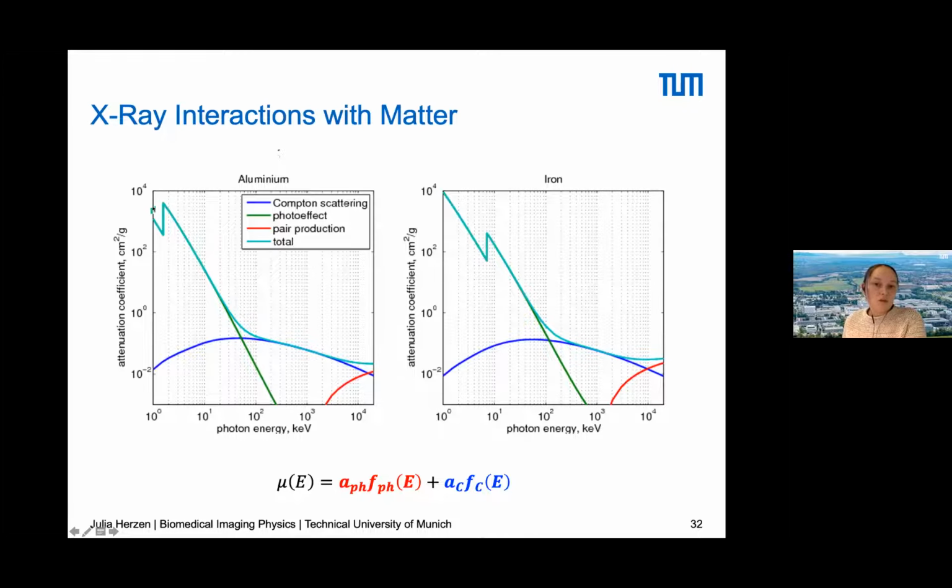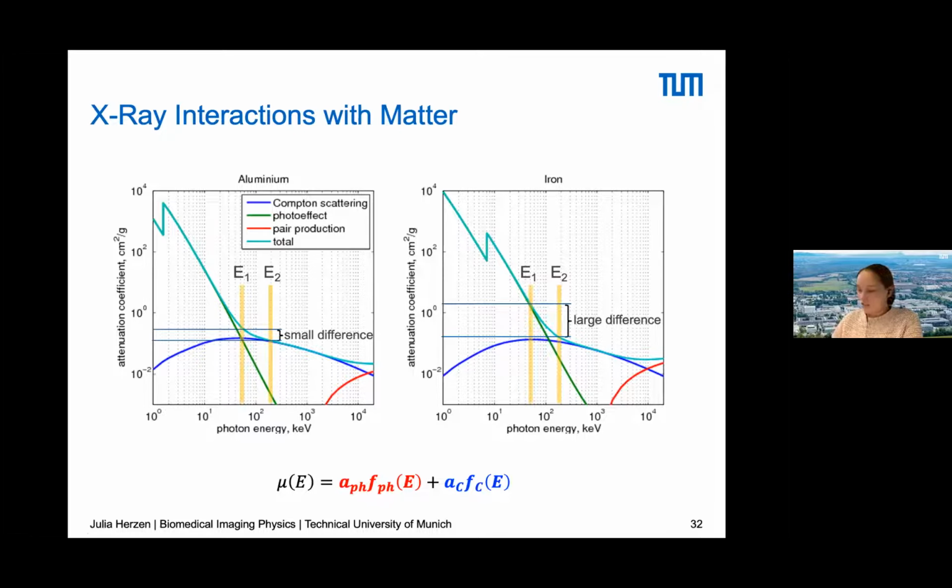And if you go to a higher Z material like iron here, then the photo effect becomes, at the same energy, much higher. The contribution of the photo effect increases because it's highly Z dependent, like Z to the 4. Here you have actually the Compton contribution. So if you can distinguish that, you get actually the contribution of the photo and the distribution of the Compton effect.